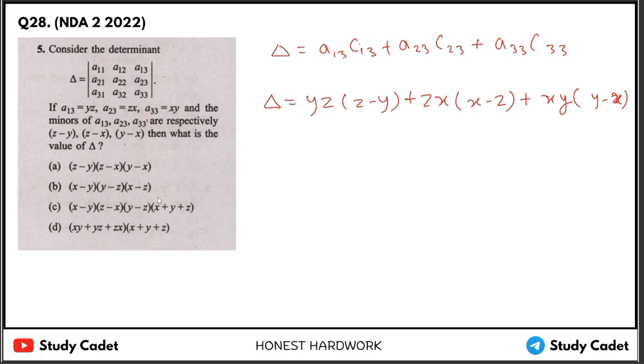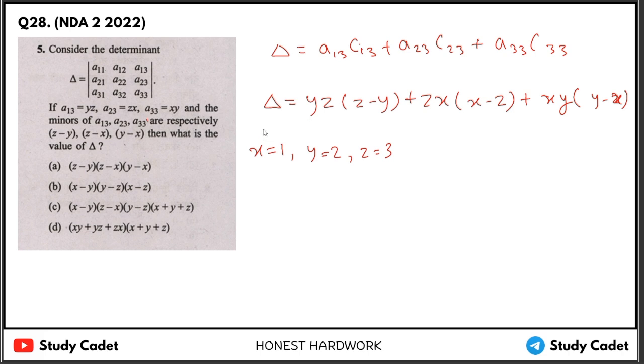So what will it be in terms of X minus Y, Y minus Z? We can simply put values: take x equal to 1, y equal to 2 and z equal to 3.